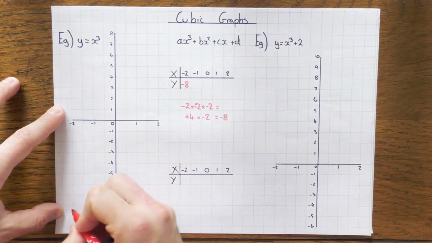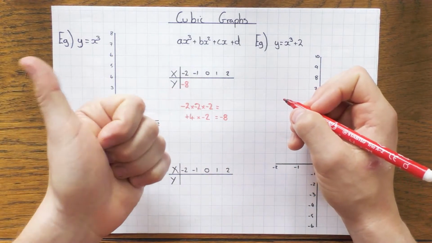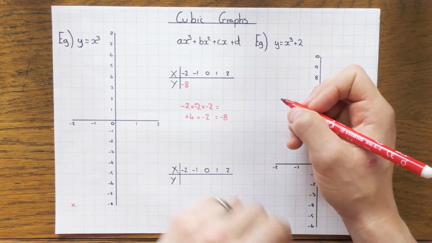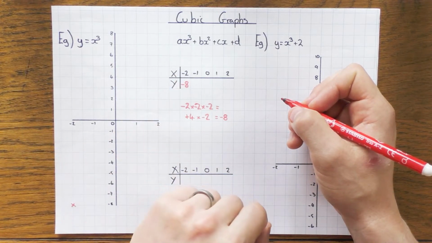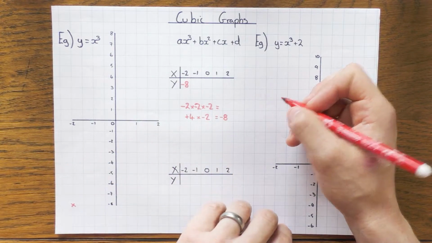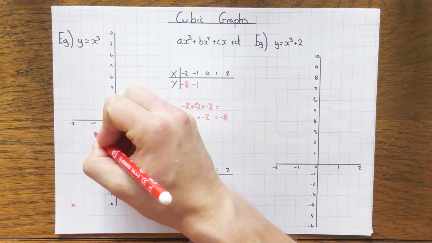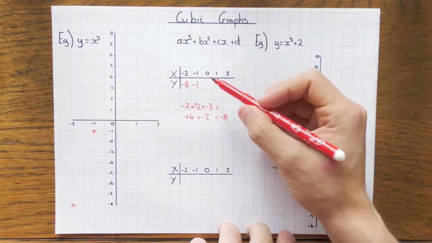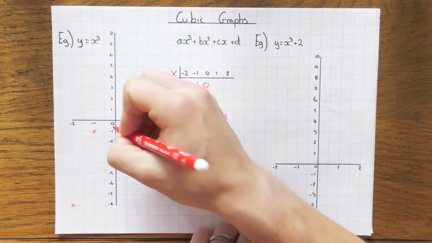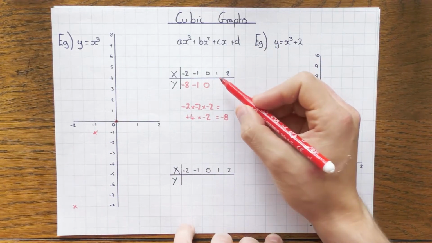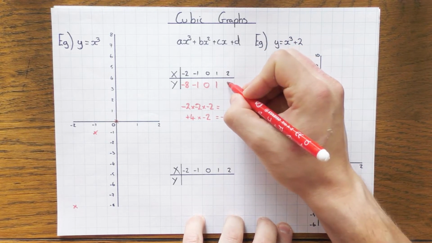I'm going to put that in straight away. Okay, so -1, so -1 times -1 times -1. Again, -1 times -1, negative times negative is positive, so give me +1, times it by -1, leaves me with -1. Okay. 0 times 0 times 0 is easy, it's 0. 1 times 1 times 1 is 1, and 2 times 2 times 2 is 8.